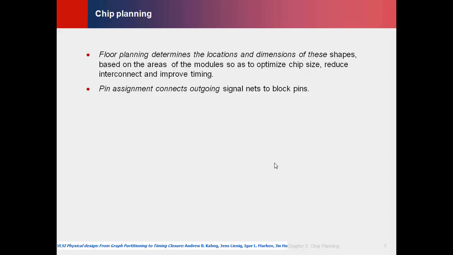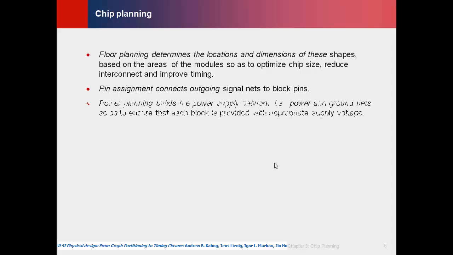And of course, pin assignment is a step we do after floor planning to assign optimal locations, especially for functionally equivalent pins, so that the overall wire length is minimized. And the power planning step builds the power supply network.